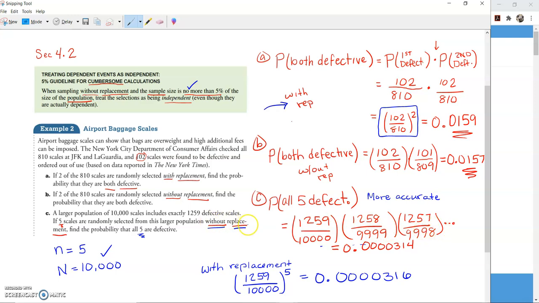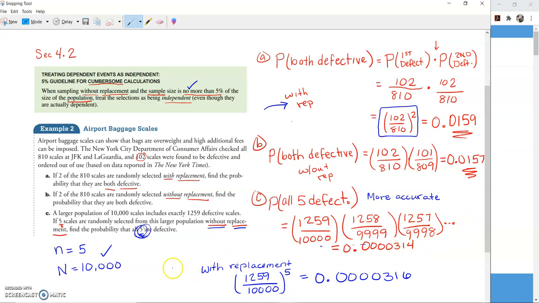Since it's without replacement, your fractions go down by 1, and you would have a total of 5 fractions because we made 5 selections. The answer for the probability that all 5 are defective is 0.0000314. That's from typing in all 5 fractions and multiplying them.